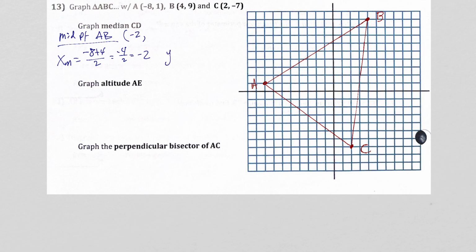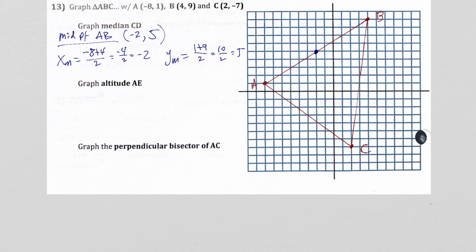The y value of the midpoint is the sum of the y's, 1 plus 9, over 2, which is 5. So the midpoint is negative 2, 5, which is in fact the point right there.